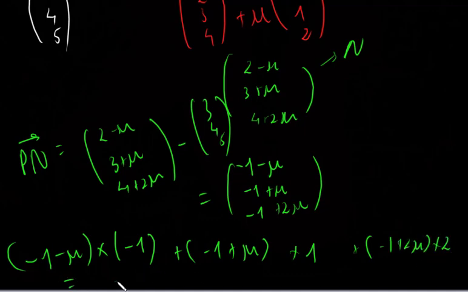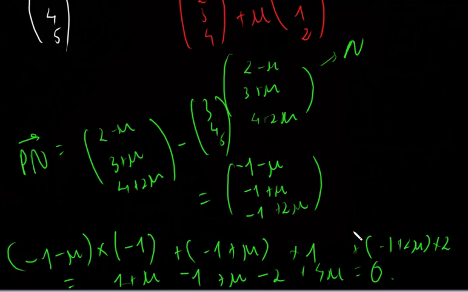This gets us 1 plus mu, minus 1 plus mu, minus 2 plus 4 mu, equal to 0. Right, so the scalar product is 0, so here we have this being equal to 0, and by doing that we can actually find mu.